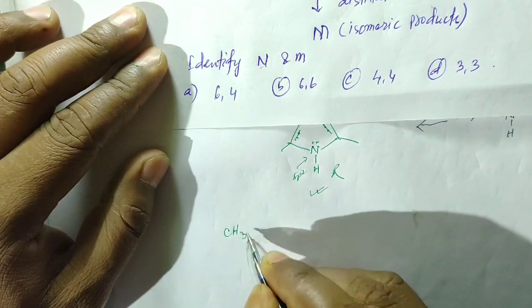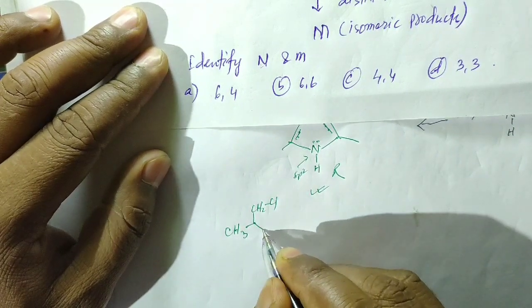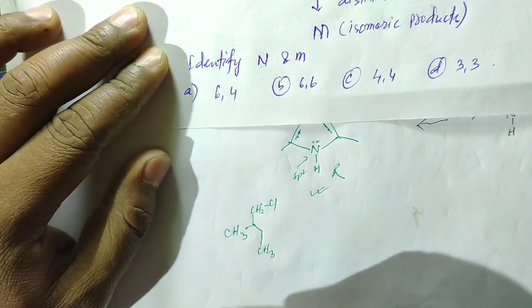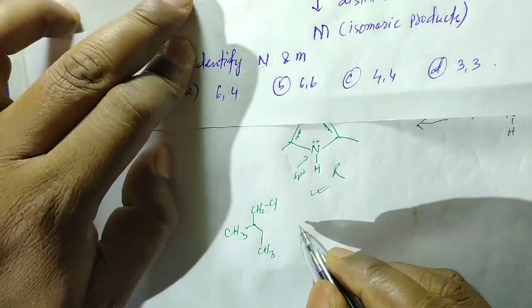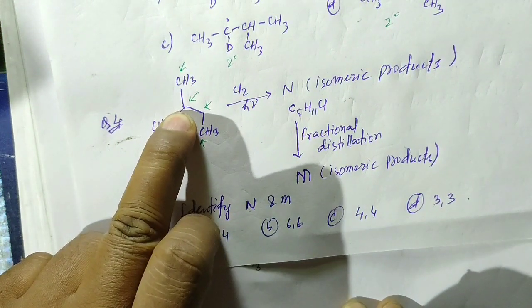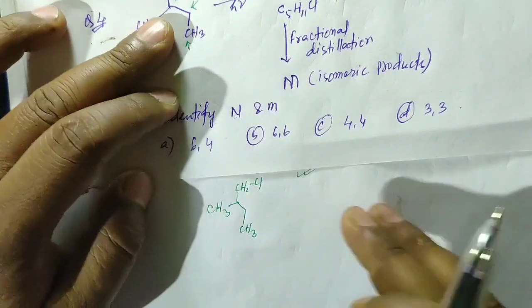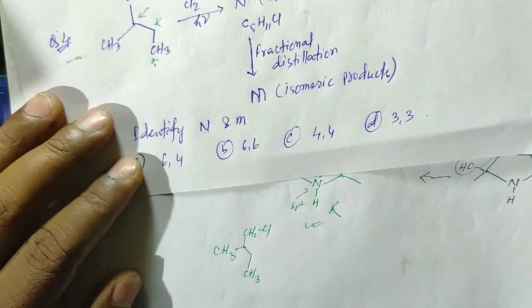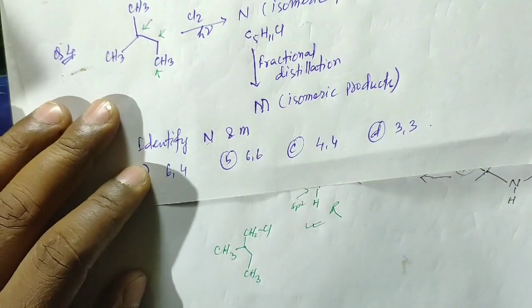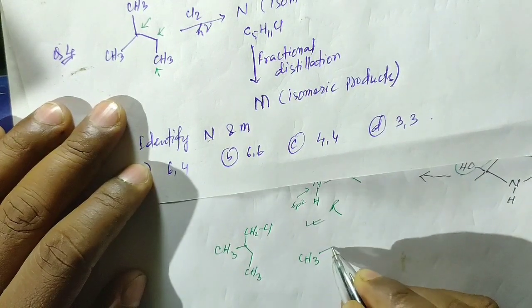CH3, CH2, here one chlorine is attached. This will be one product, and another from this carbon atom. Chlorine will be substituted on this carbon atom, the tertiary carbon atom. The second compound is CH3, here chlorine will be attached.